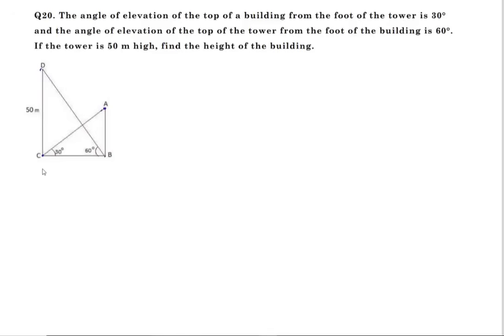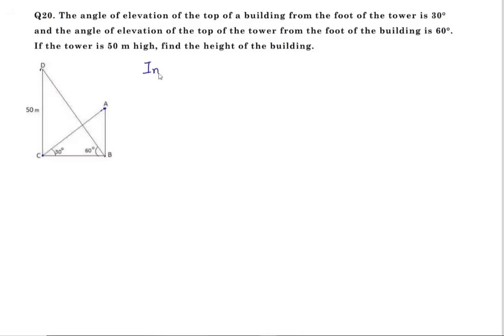Students, if you are finding difficulty from the unit applications of trigonometry, what I suggest is, for most of the questions we use tan ratio. So what you can do, split the figure into right angle triangles. Here the figure consists of two right angle triangles.